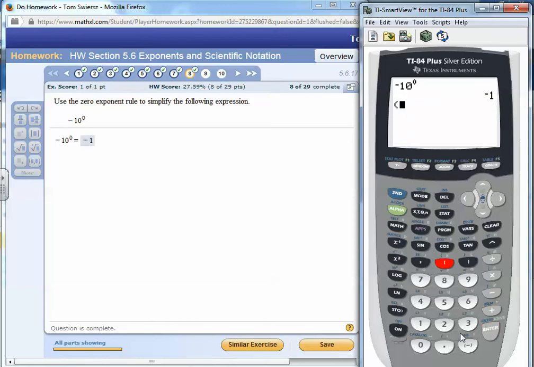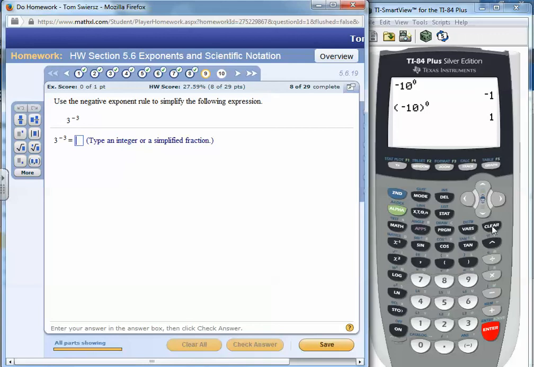If the base was negative 10, then you put parentheses around negative 10 and raise to the 0 power, like the negative 13, and that's equal to 1. So as long as you copy it in correctly into the calculator, you'll get the correct answer. You can still do these on your calculator.